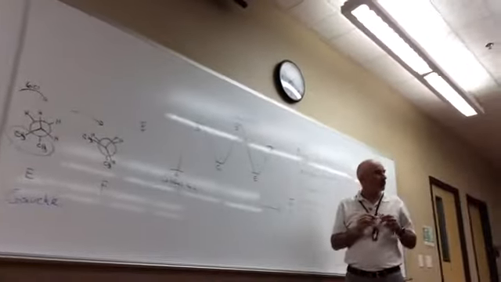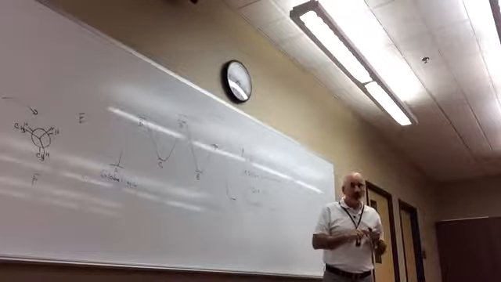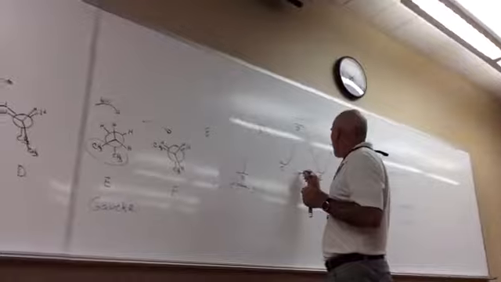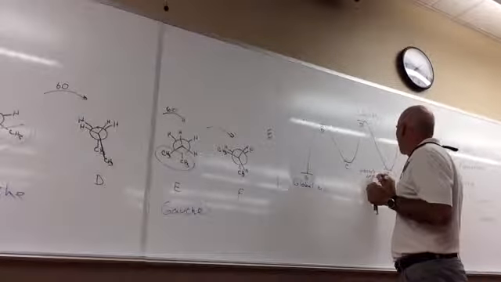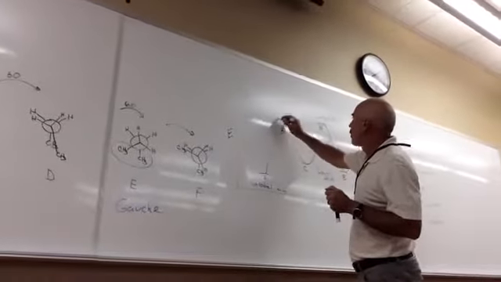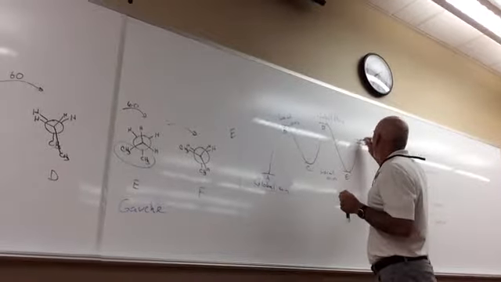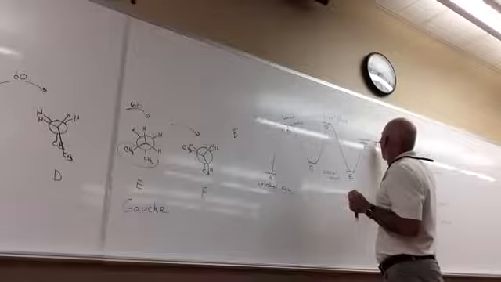Okay? And then we would say C and D are local minimums, and B and A are local maximums. Okay?